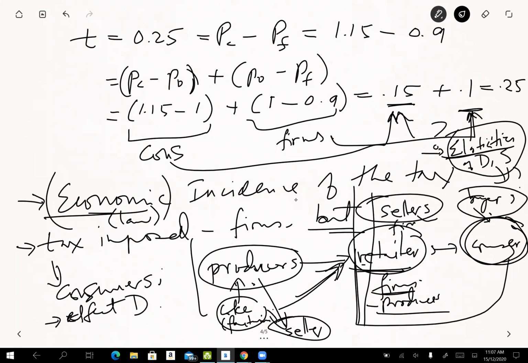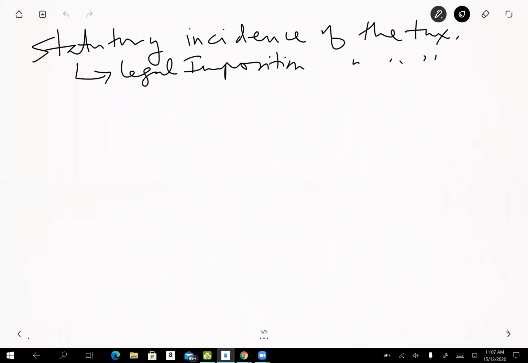No, I'm talking about the legal incidence, that means the statutory incidence. Who bears the burden of the tax? Who did the government impose the tax on? The firms. So in this example, the legal or statutory incidence can be on either the firms, the sellers, or the consumers.